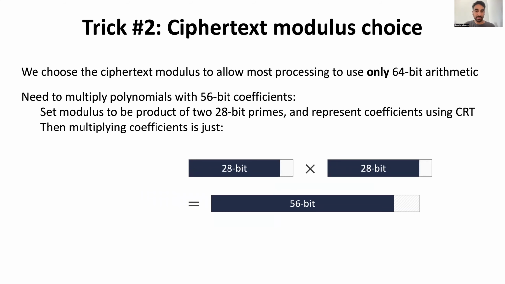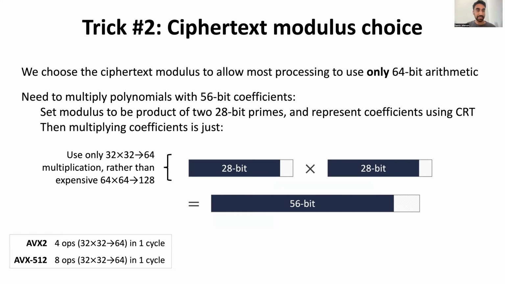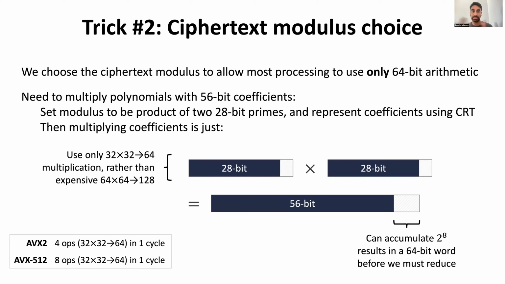The other thing we do is we choose the ciphertext modulus in a special way. I won't get into the super big details, but basically, if you choose the ciphertext modulus and use CRT well, you can exploit AVX2 and AVX512 SIMD instructions on the CPU to do lots of computation faster. And this gap between the 56-bit modulus and the 64-bit integer width on the CPU is very useful because it means you can accumulate.